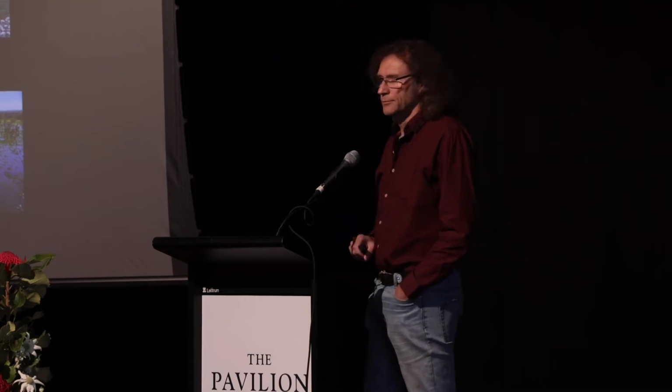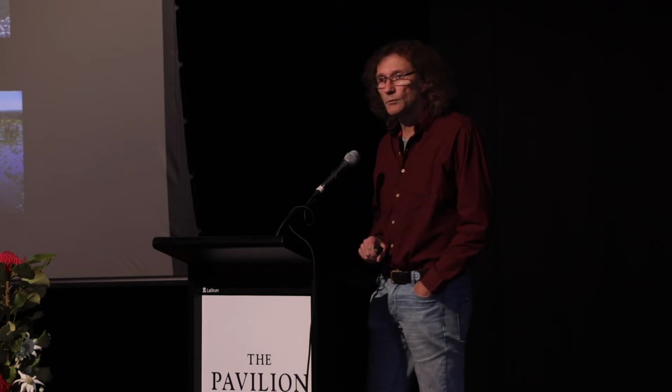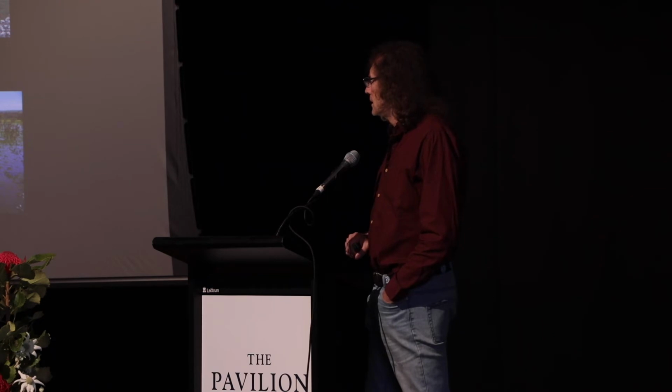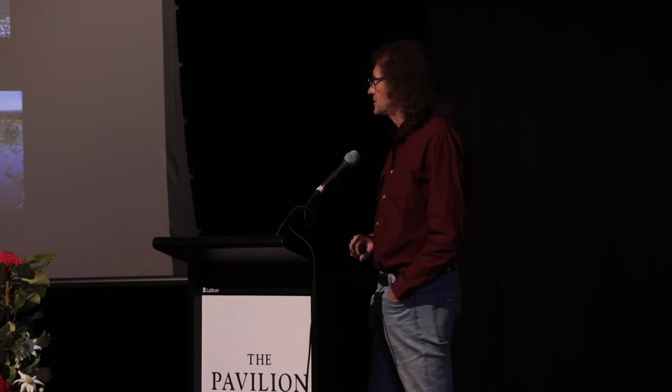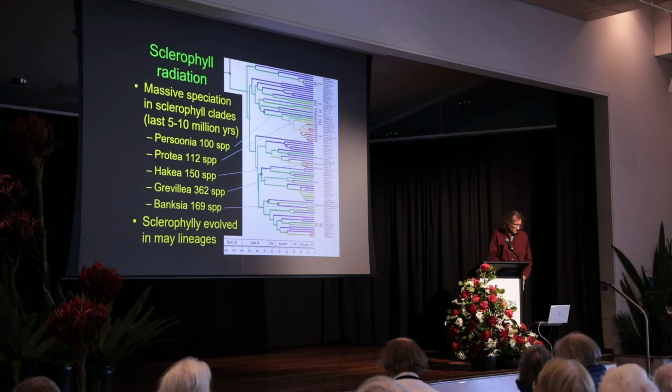And wetlands are probably the youngest of the lot. It's not because necessarily there weren't wetlands for a long time, but there're such highly dynamic systems that there's a lot of turnover in the flora. And so much of our wetland flora is quite cosmopolitan, includes some genera and even species that are found in other parts of the world, as well as some unique ones.